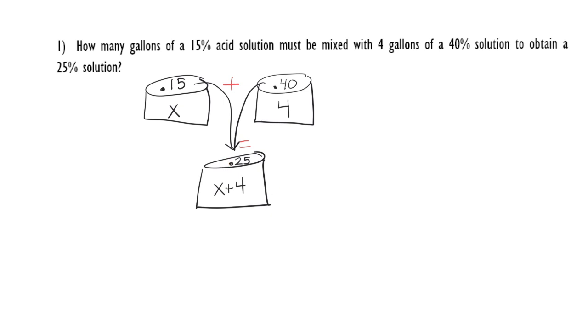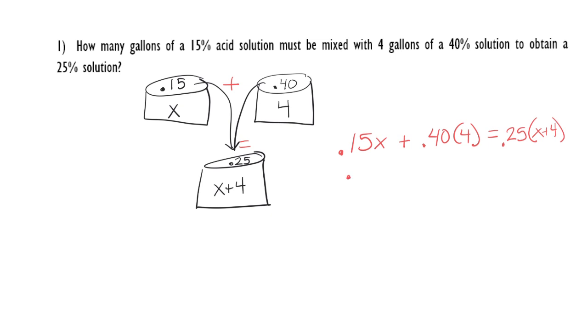But if I take this plus this, it's going to equal this. Here I go. So it's 0.15x plus 0.40 times 4 equals 0.25 times the quantity x plus 4.